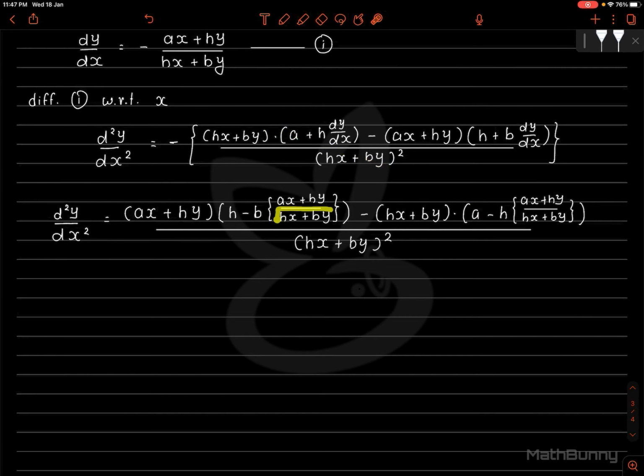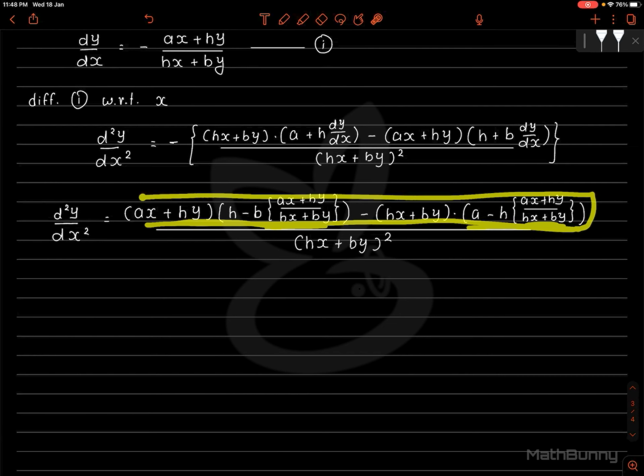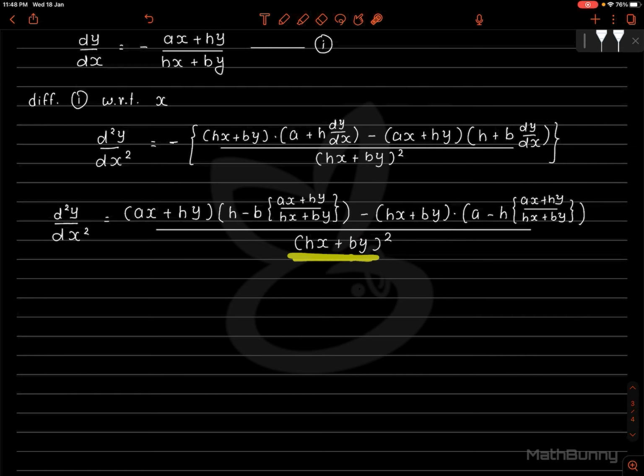We can take this as LCM for this bracket. Same way we can take this as LCM for this particular bracket. Both the denominators are same. So if we take the LCM for this bracket and for this bracket, the whole term will have the same denominator, which will multiply to this thing.